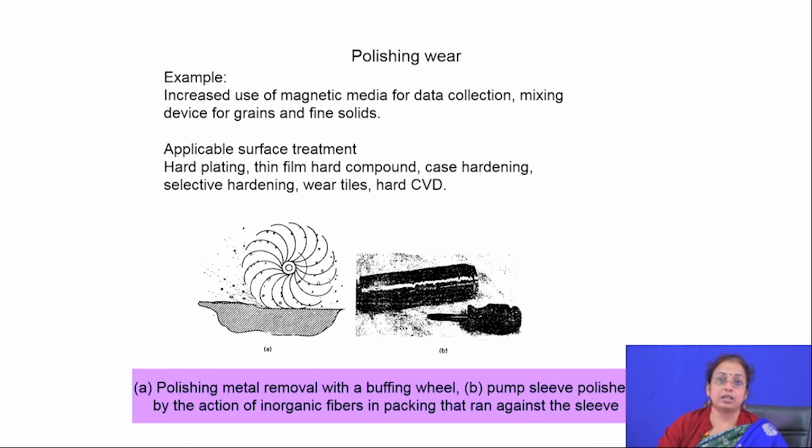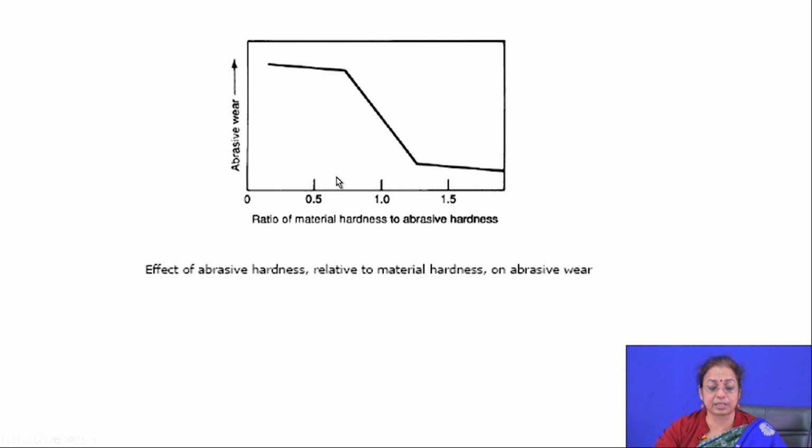This is a typical example of polishing wear. Typical surface treatments you can apply to reduce polishing wear are hard plating, thin film hard compounds, case hardening, selective hardening, wear ties and hard CVD. So, if you want to get rid of polishing wear, you have to harden the surface carefully.